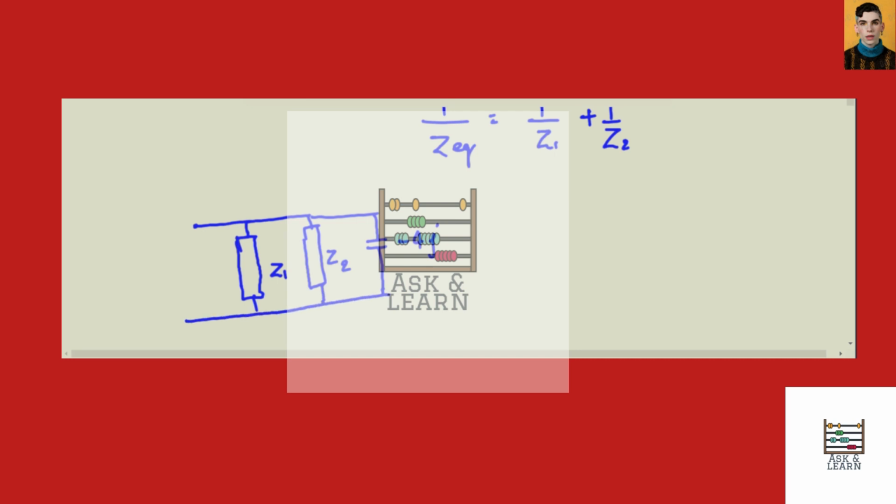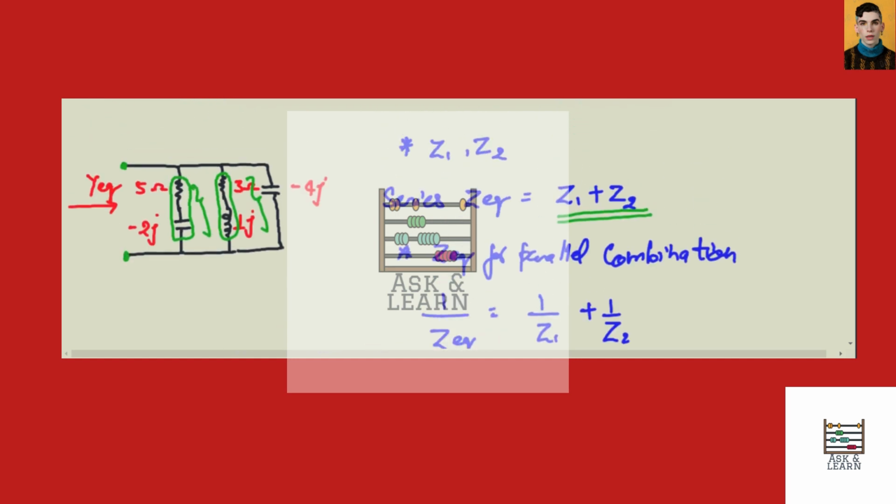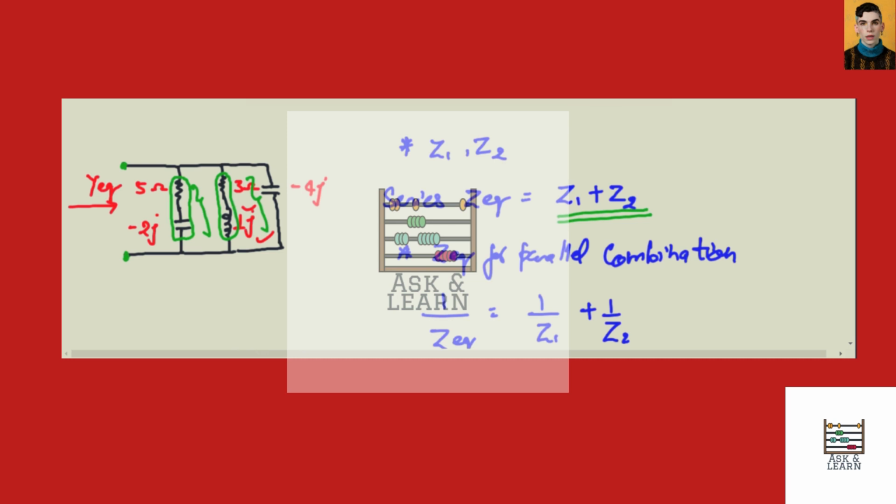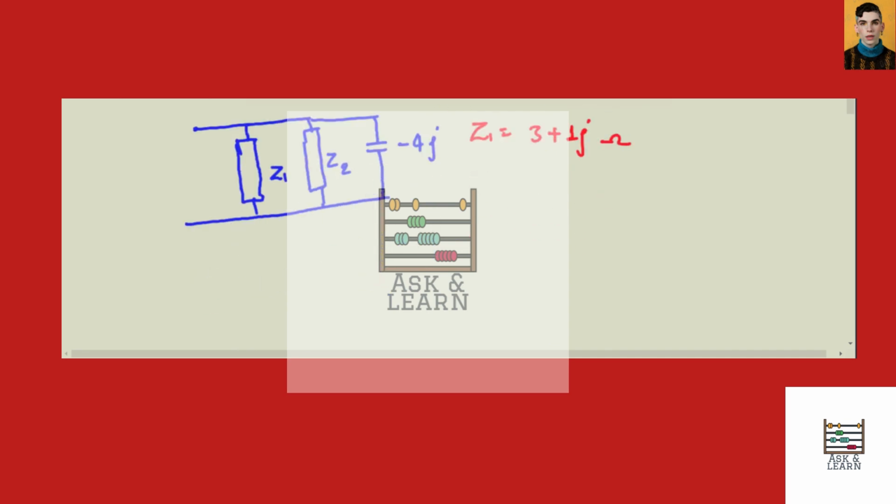The value of Z1 from the above circuit can be written as 3 plus 1J ohm. And the value of Z2 is 5 minus 2J ohm.